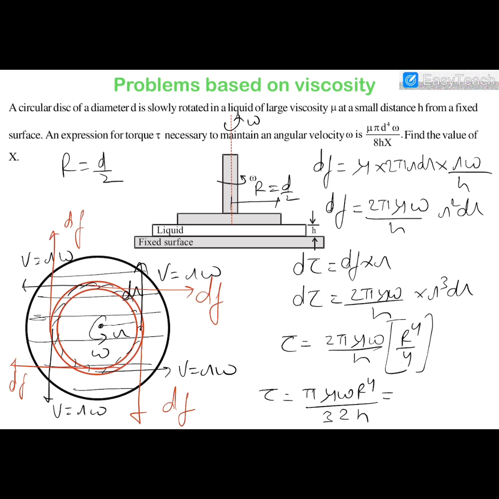If we compare it with this term, which is pi mu omega d to the power 4, we have substituted the value of r. So this is x h into 8. So the value of x will be equal to 4. Okay, so this is the correct answer.